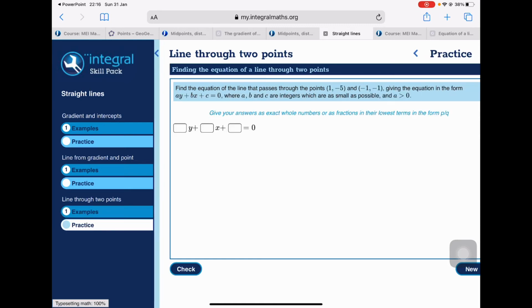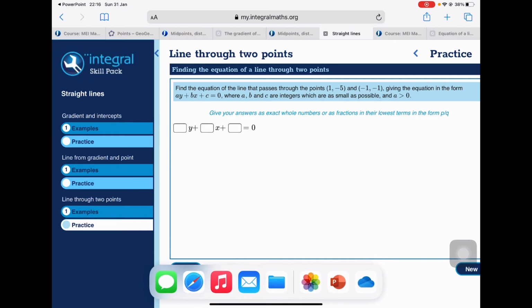Try the practice questions now. And when you're finished the practice questions for all 3 subsections, then please continue with today's lesson.